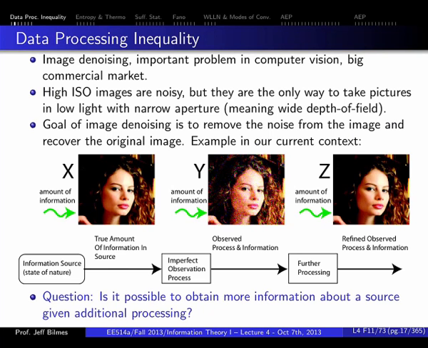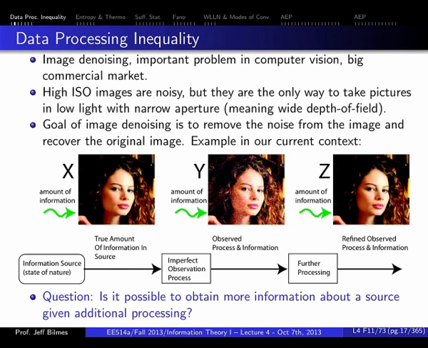I think, right now. And of course, since this is information theory, you can then maybe make the question a little bit more refined and specific by saying, okay, well, let's say it's mutual information and entropy. Our measure of information in this class is going to be entropy, and the question is then, is it possible that the mutual information between Z and X can be greater than the mutual information between Y and X?